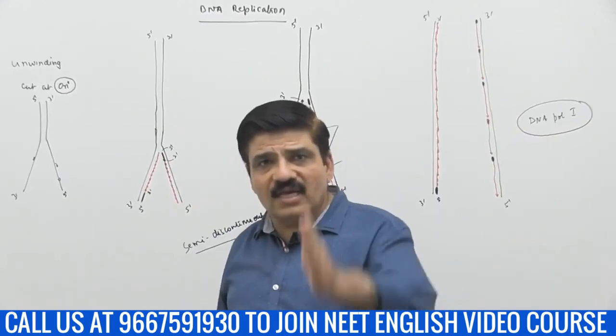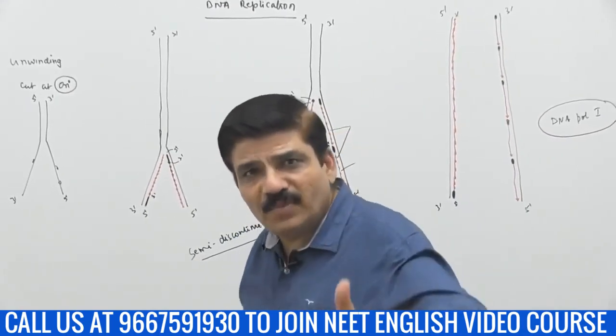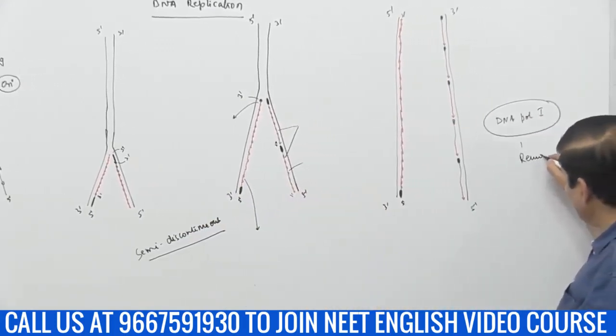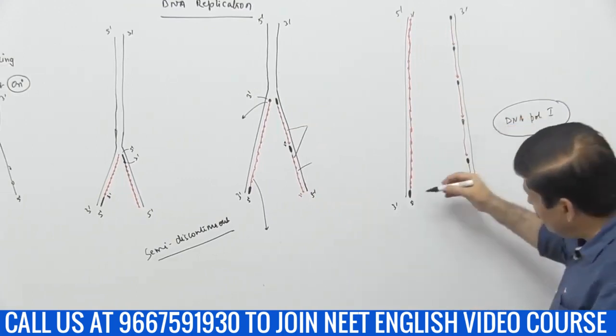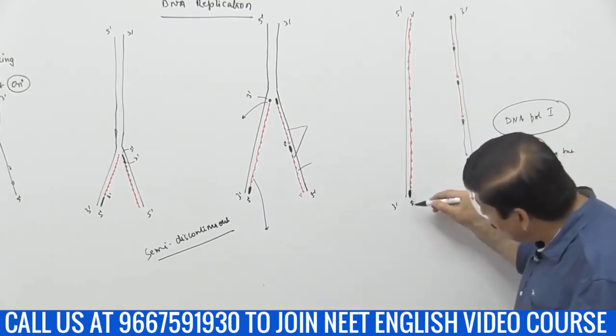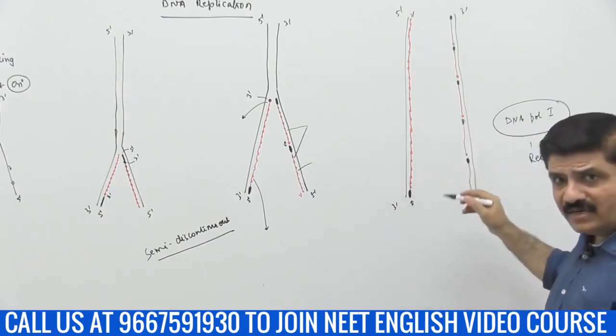This is the only enzyme that is capable of removal of primers, for the simple reason that this enzyme also has 5' to 3' exonuclease activity. So it will remove the primers. The primers, remember, have been synthesized in 5' to 3' direction, and therefore you require a 5' to 3' exonuclease activity.